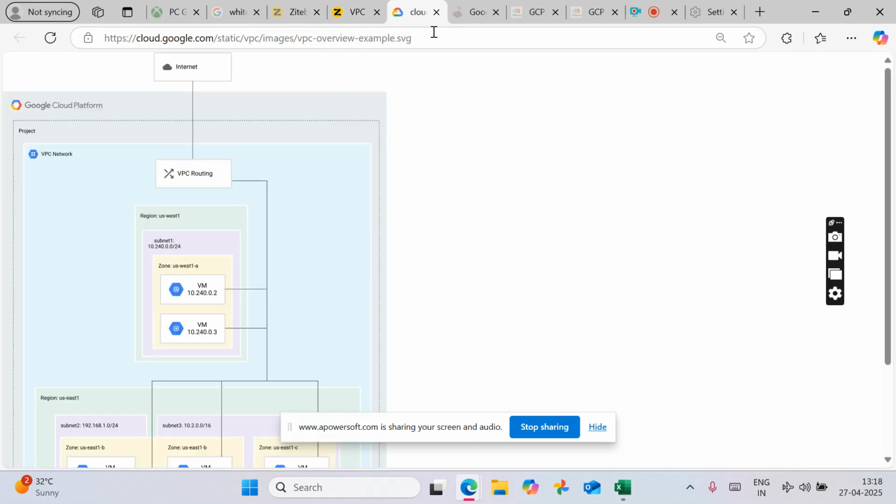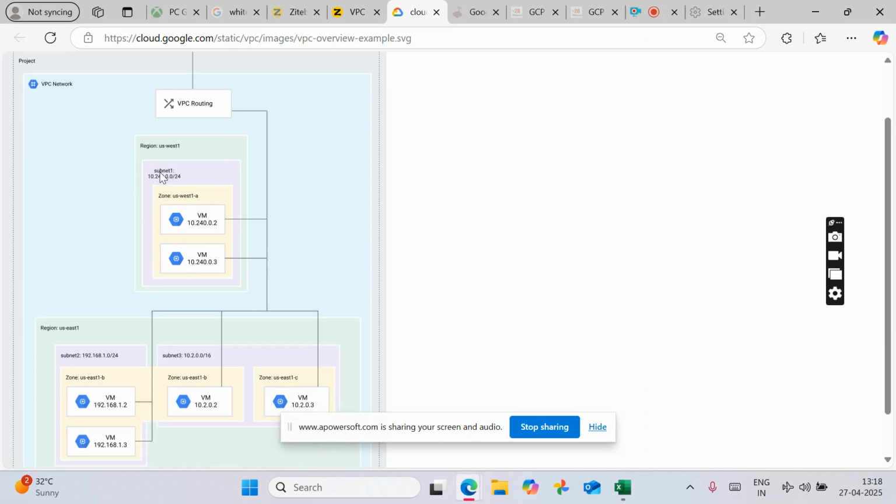Let's say you access GCP via the internet, and it is directly routed to VPC routing. This VPC routing sends your traffic, your IP, to the respective region. In that region you can see the subnet and you can see the zone.